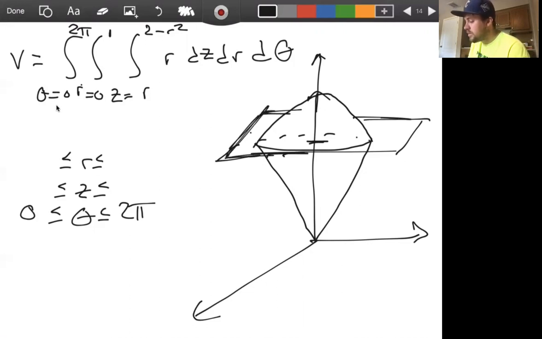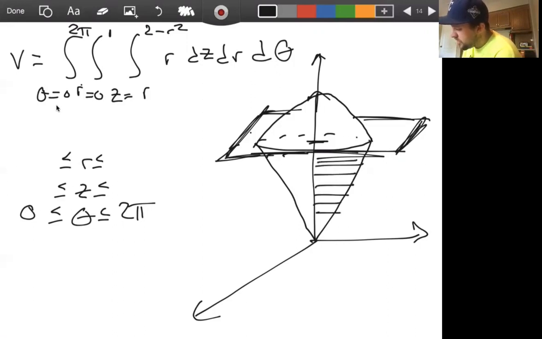Well, you notice at z equals 1, the function that's defining the outer bound switches, right? When z is between 0 and 1, the outer bound is the function z equals r.